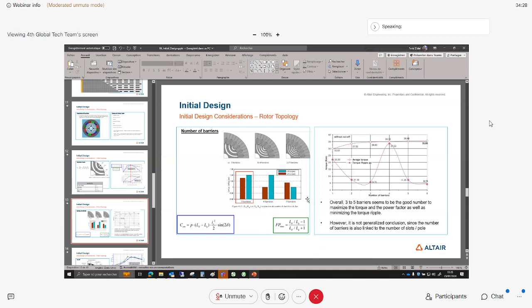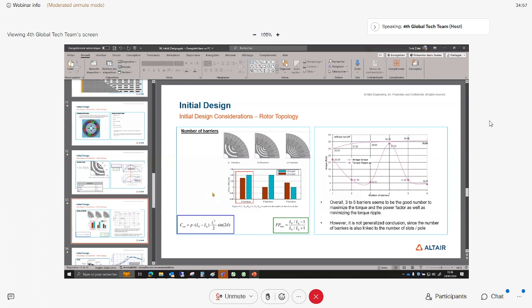But it's not always true, because there are some configurations where we really have to test 3, 4, and 5 barriers and see which one is the best. But most of the time you will not exceed 5 barriers.